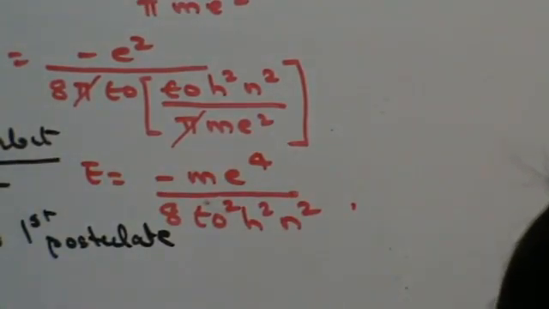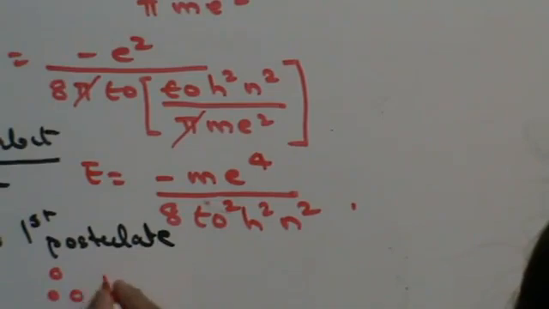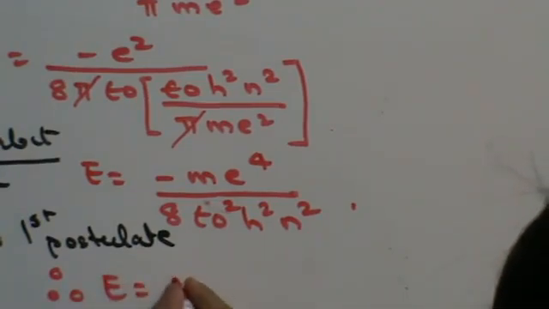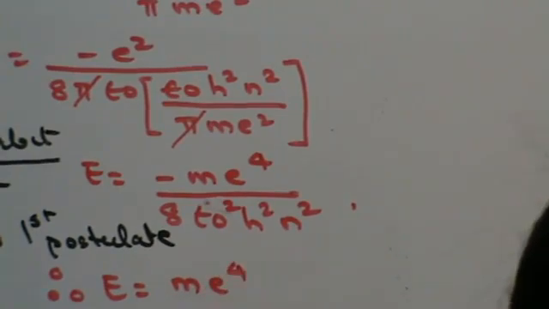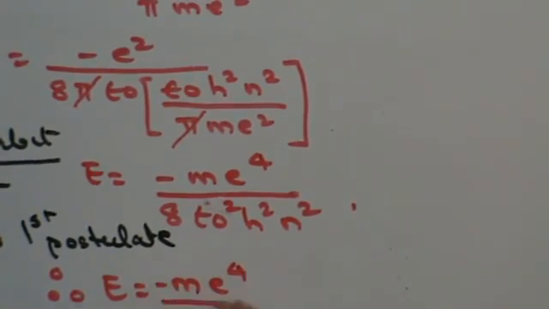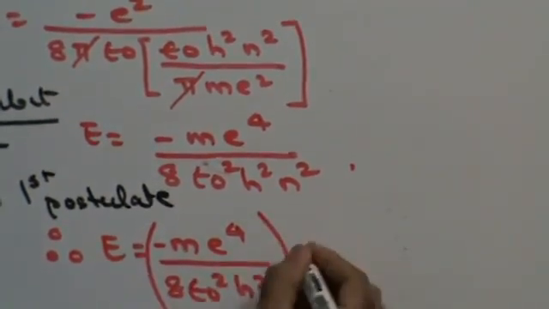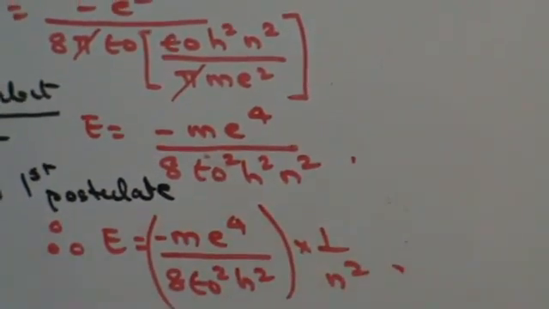Now here again I can say that the total energy is equal to: mass of the electron is constant, charge on the electron is constant, 8 epsilon 0 square h square is constant, into 1 upon n square.